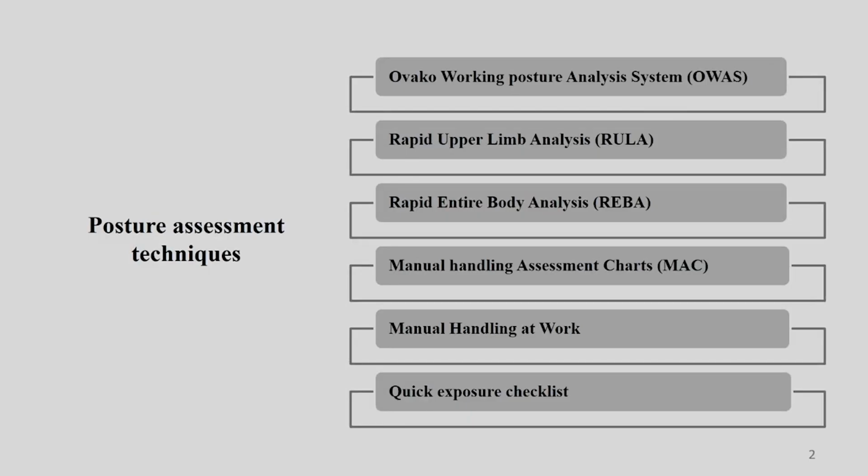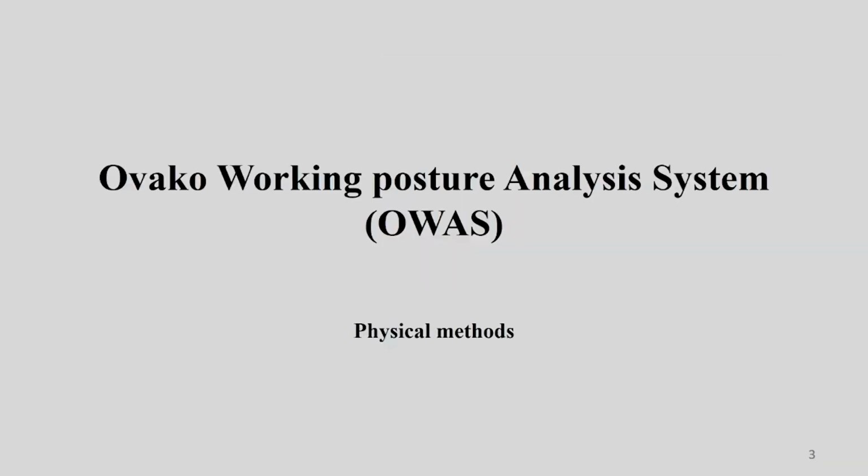Then a very commonly and widely used tool, that is RULA, rapid upper limb assessment. Third, REBA, rapid entire body assessment, and the manual handling assessment chart or MAC. Then manual handling, how we do manual handling at work, and at the end maybe we will take up the quick exposure checklist, which is very common in the current scenario. So let us start with the Ovako working posture analysis system.